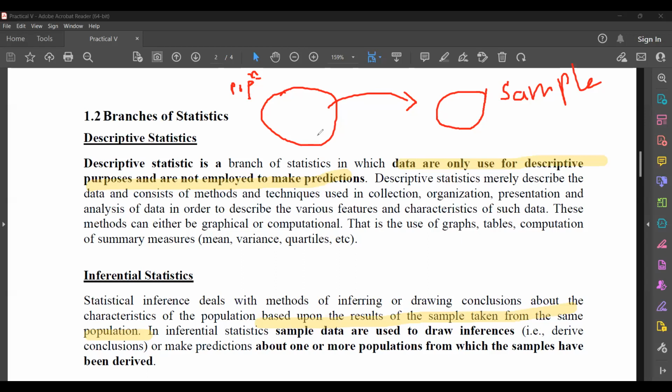For example, if we consider the previous example about the study of households in Sri Lanka, right? Is it okay if we get a sample only from the Western province and make conclusions about the whole country?